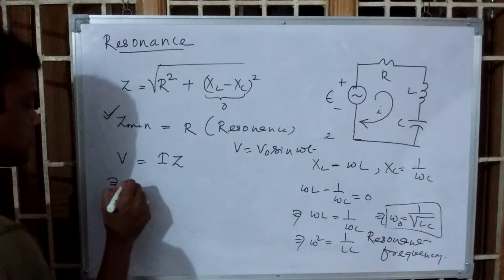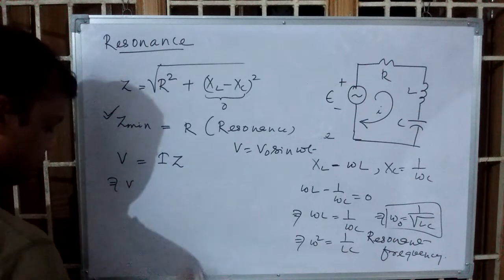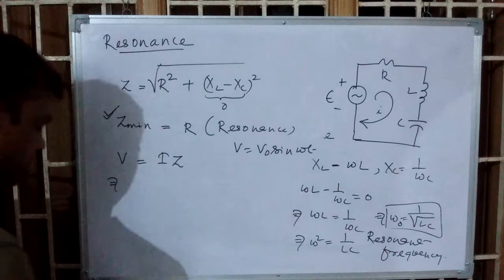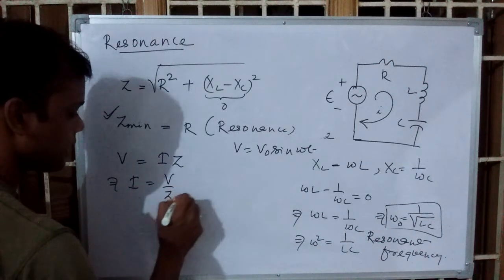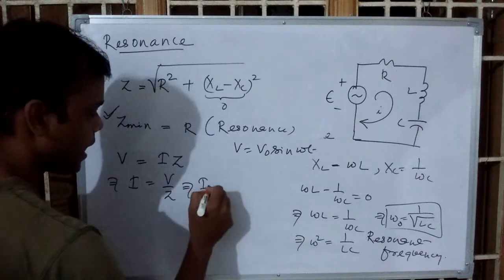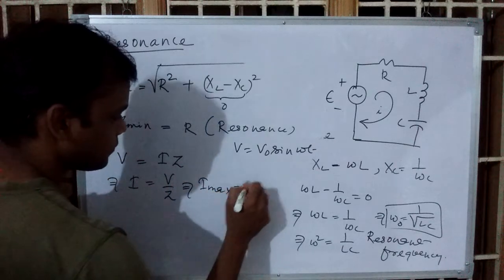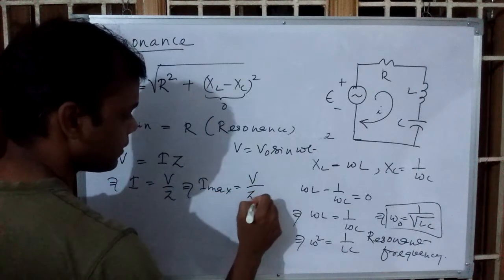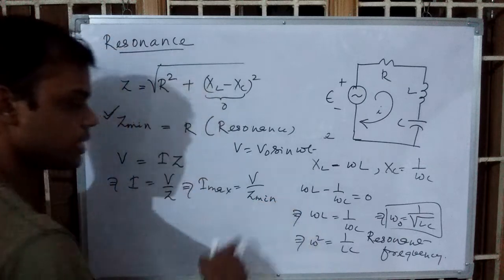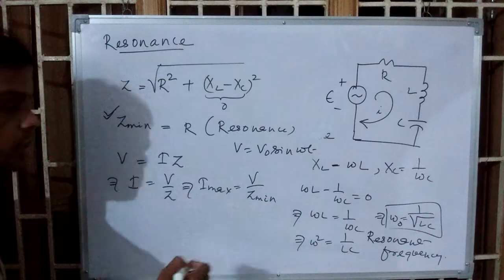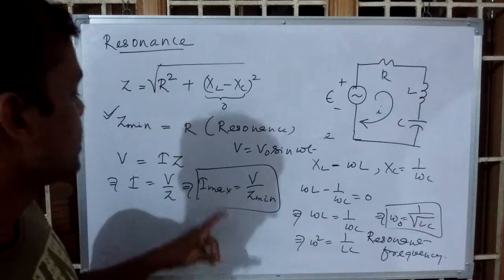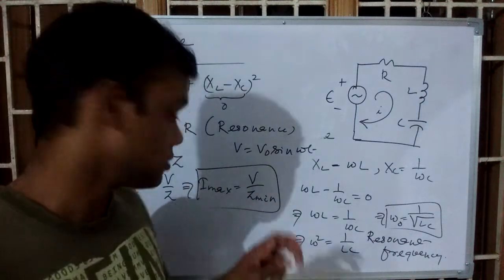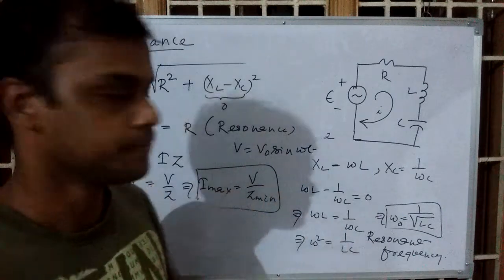This implies I is equal to V by Z, implies I max is equal to V by Z min. That means when Z is minimum, I has to be maximum. So at resonance condition, current is maximum and impedance is minimum.